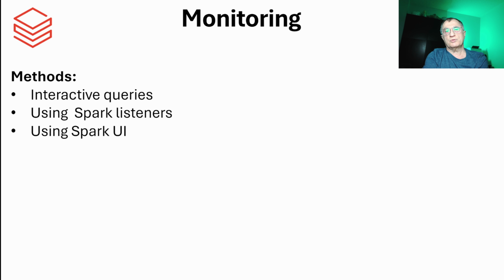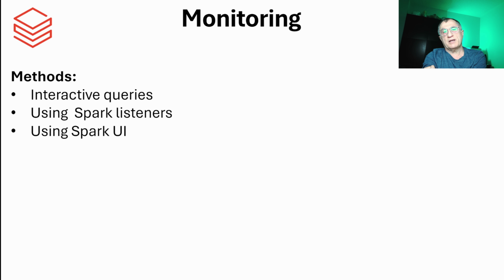So let's talk about streaming monitoring options with Databricks. One of the easiest ways of monitoring streaming progress is to use interactive queries. Earlier we created a streaming pipeline and assigned the results to a streaming handle. That streaming handle provides a number of useful properties to get information about streams, like streaming status, progress, and so on and so forth.